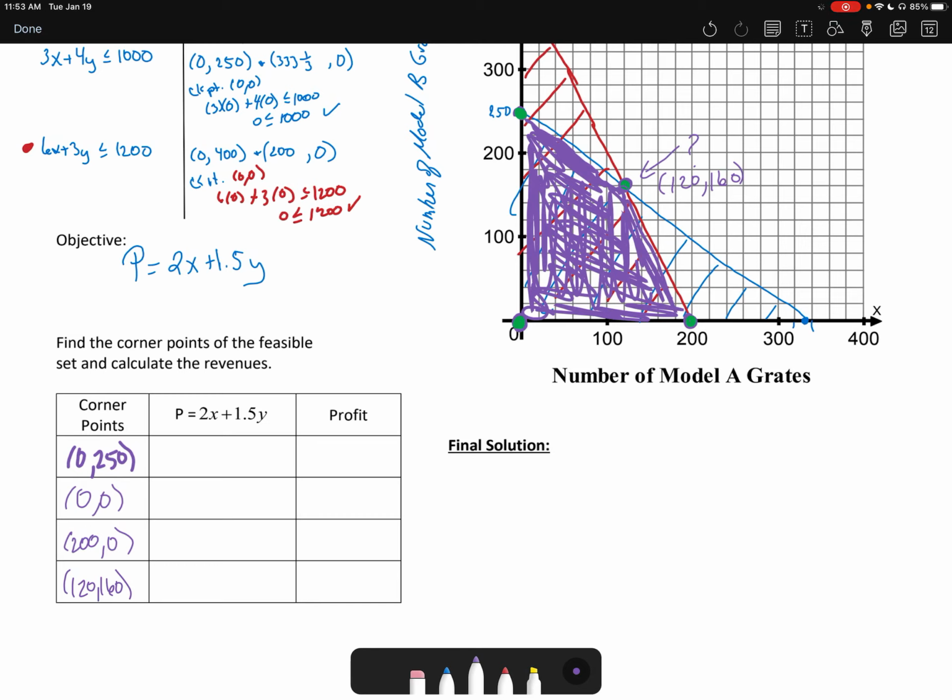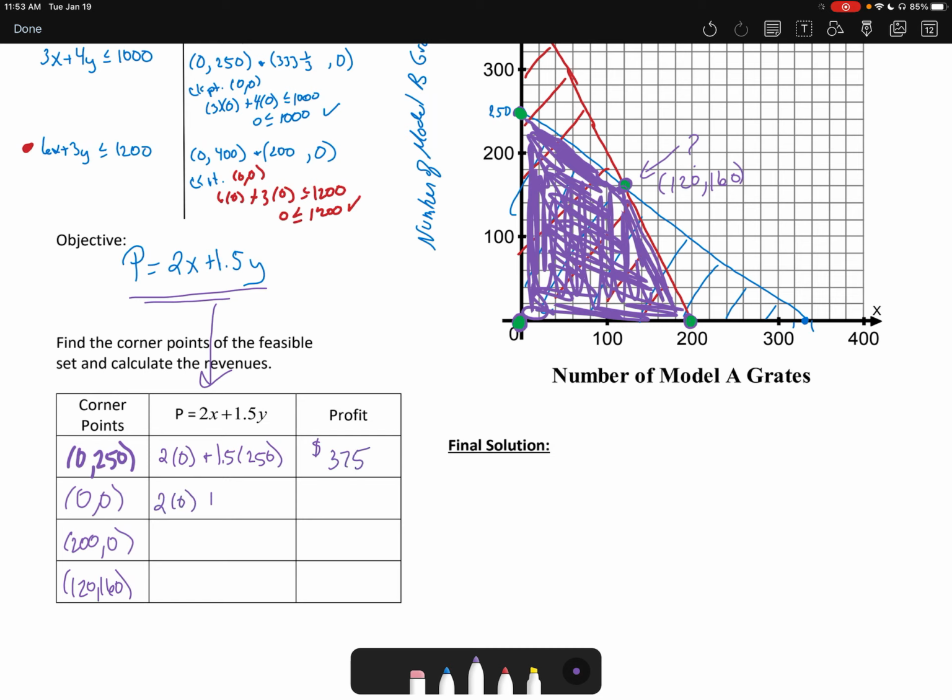Okay, so now what you want to do is evaluate this objective function at each one of these corner points. So if we put in 2 times 0 plus 1.5 times 250, evaluate that out, you'll get that the profit at that point is $375.